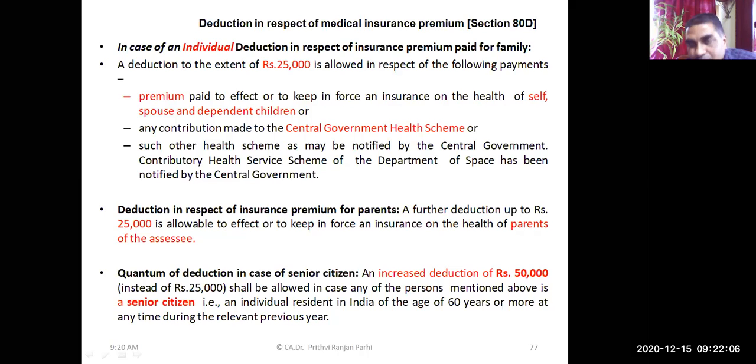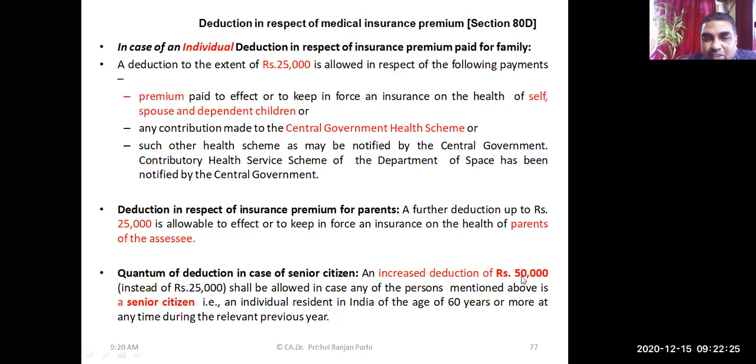Then the third provision we have to see: if parents are senior citizens, then instead of this additional 25,000 for parents, this 25,000 will be increased to 50,000.